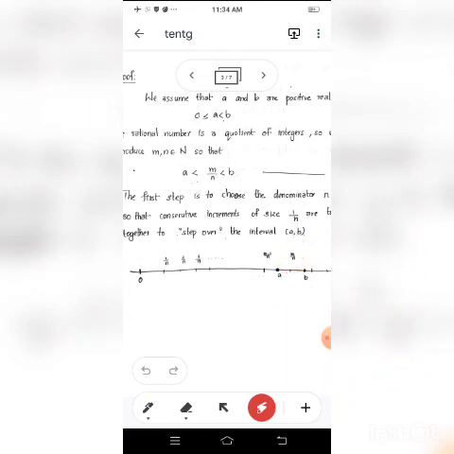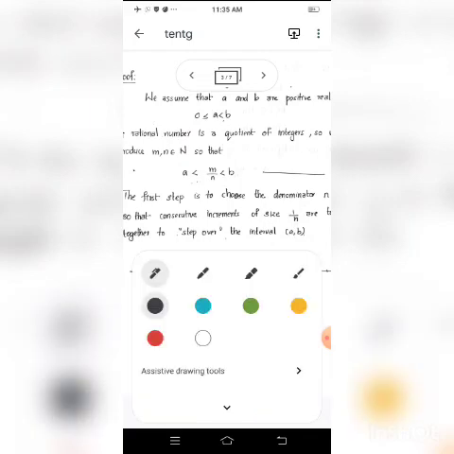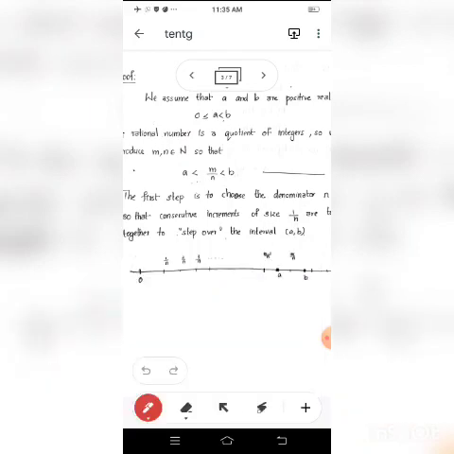So how will you prove this? We have the statement from Archimedes property. What does Archimedes property state?